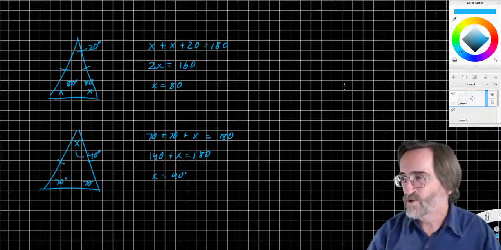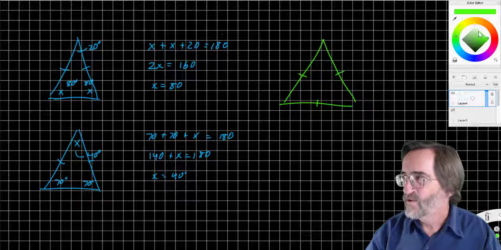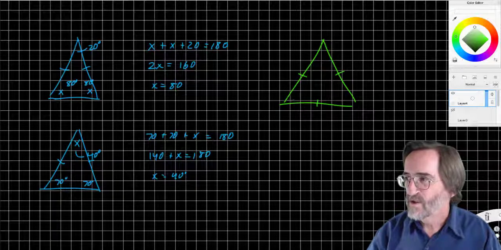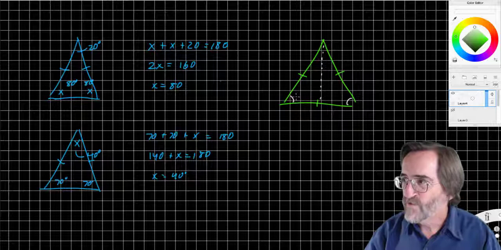And also, we can extend this to equilateral triangles. If a triangle is equilateral, that means all three sides are the same. Well, think about it this way. If I divide it this way, this angle is congruent to this angle. But if I divide it this way, that means this angle is congruent to this angle.